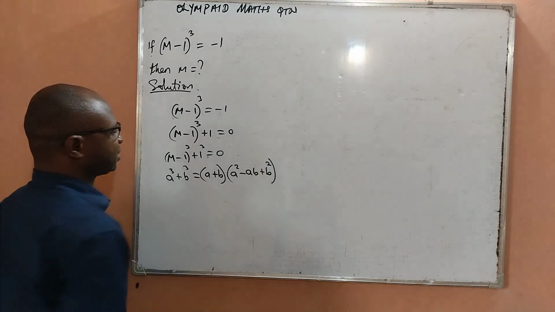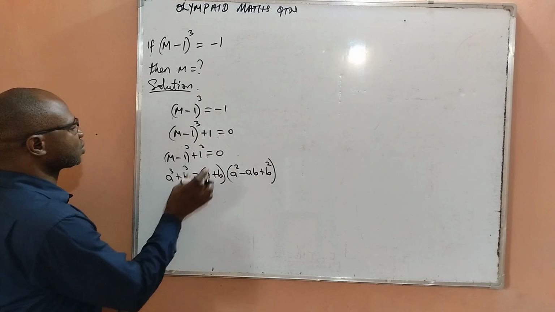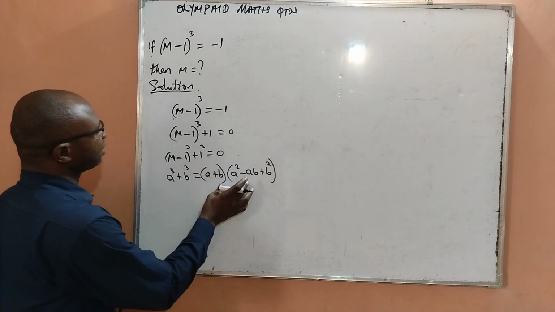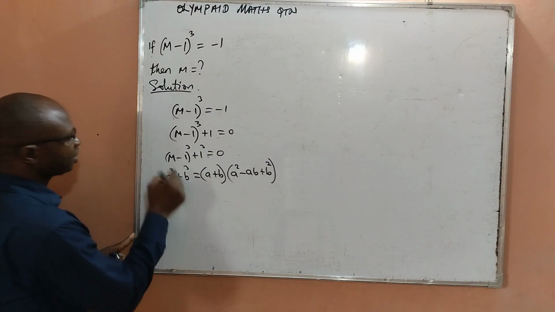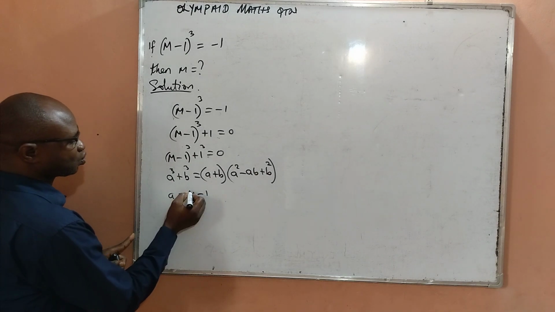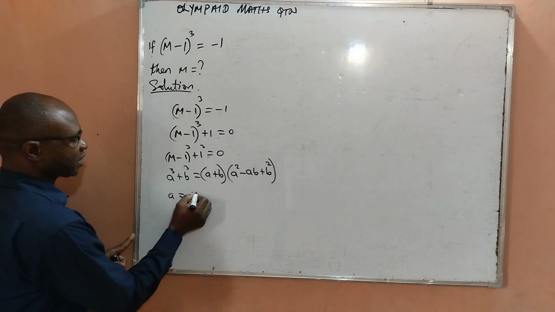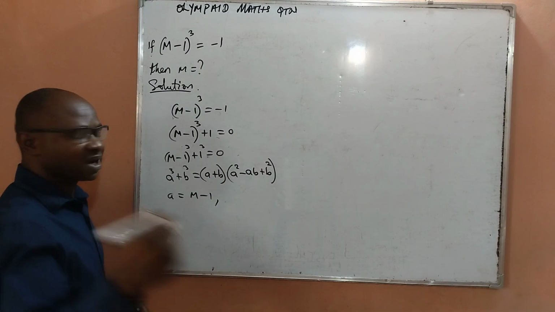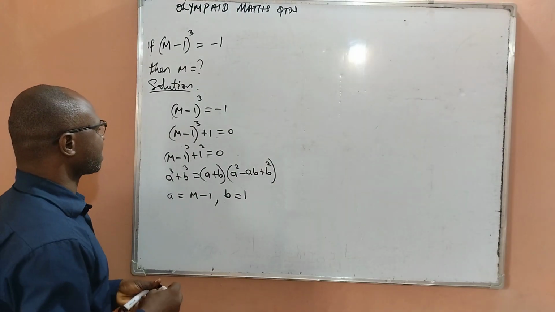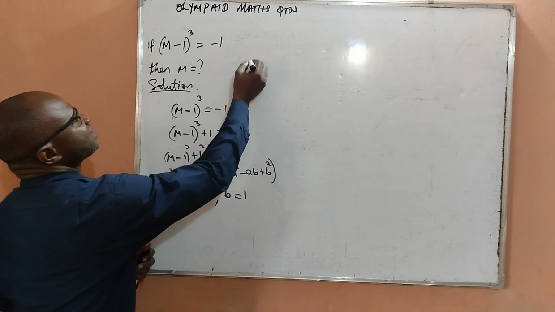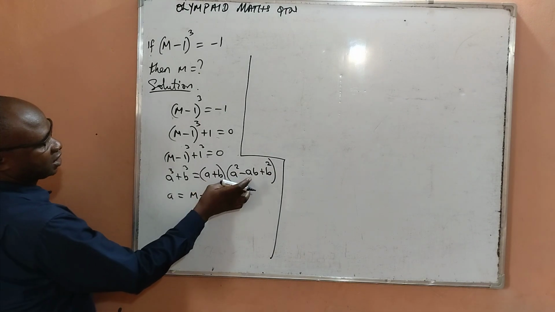I am going to make use of this law in this place. What that means is that a is equal to n minus 1, whereas b is equal to 1. What that means is that I can now represent this in this form.